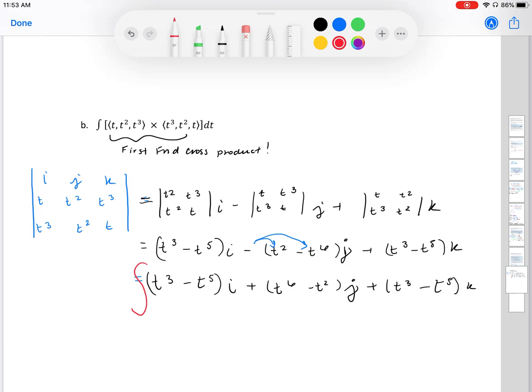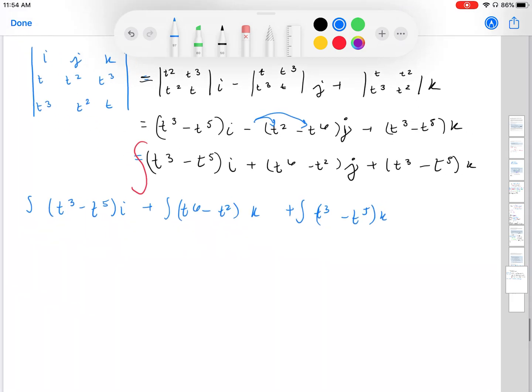We can take the antiderivative of each component separately, so that we have the integral of (t cubed minus t to the 5th power) i plus the integral of (t to the 6th power minus t squared) j plus the integral of (t cubed minus t to the 5th power) k. And we should be writing dt for each one of them, right?